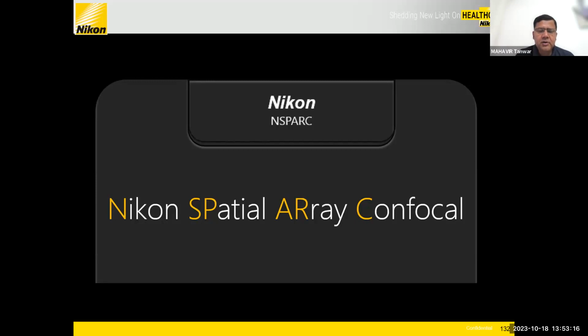Nikon released recently in this February a confocal based super resolution called NSPARC, Nikon Spatial Array Confocal, which can perform imaging more than 100 microns and is capable of achieving a resolution of around 100 nanometer in XY and Z around 300 nanometer.